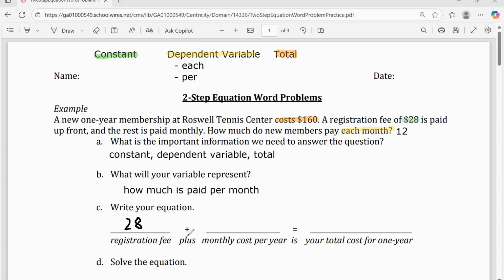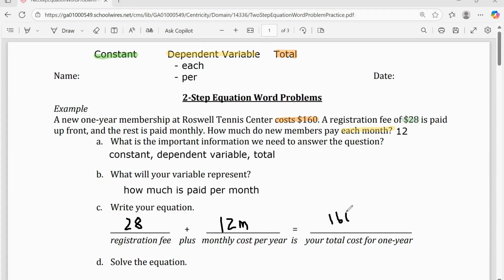And then it says plus monthly costs per year. So we're going to use 12. And for our variable, remember, a variable can be interchanged. You can use X, you can use R, you can use M, and that's what we're going to use for this one. We're going to use M for month. And then our total would be 160.